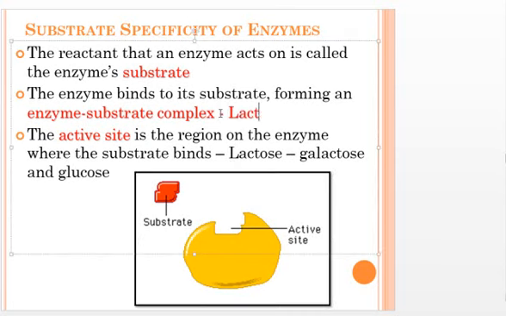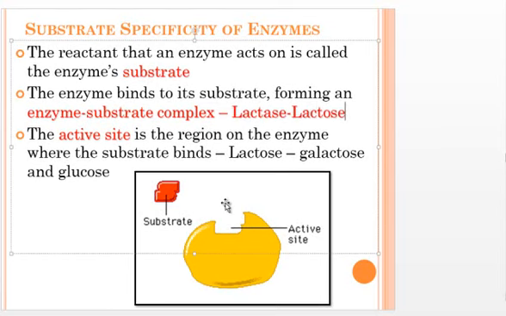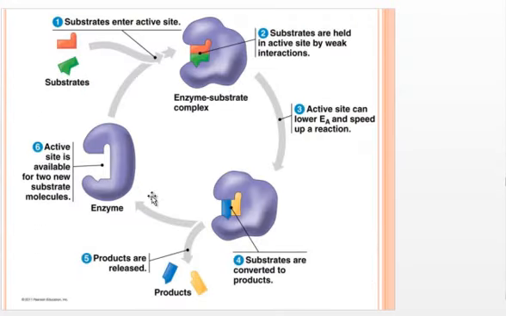When lactose bonds to lactase, you get the enzyme-substrate complex. What will happen here is the enzyme will help the chemical reaction to break lactose into galactose and glucose, which would be what you might see here. This could be lactose, and this would be galactose and glucose.